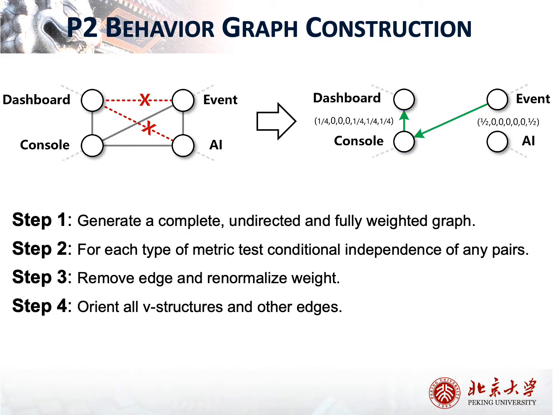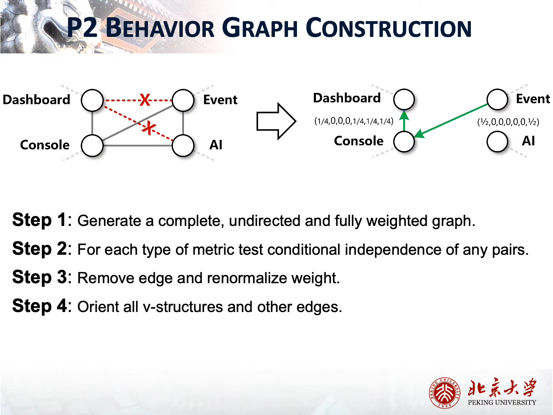To do this, we designed an iterative algorithm. It includes 4 steps. For each type of metric, we start step 1 from a complete, undirected, and fully weighted graph. In step 2, we test conditional independence of any 2 pairs of services for each type of metric.